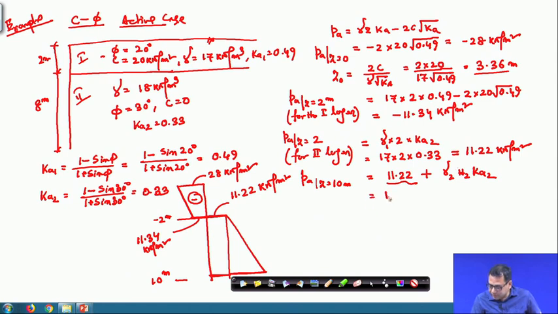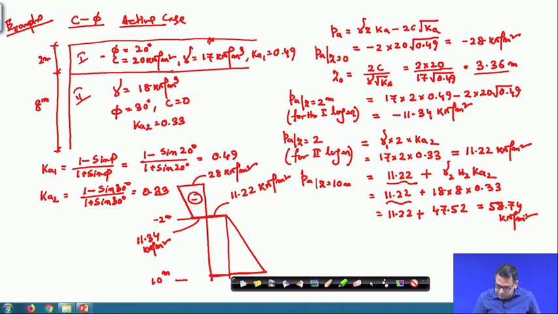So, this will be 11.22 plus gamma is 18, H2 is 8 and KA2 is 0.33. Okay. So, this is 11.22 plus 47.52. So, the total one is 58.74 kilonewton per meter square.